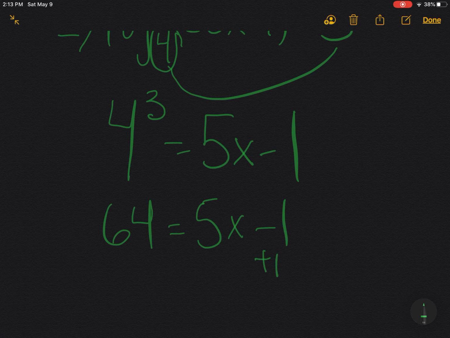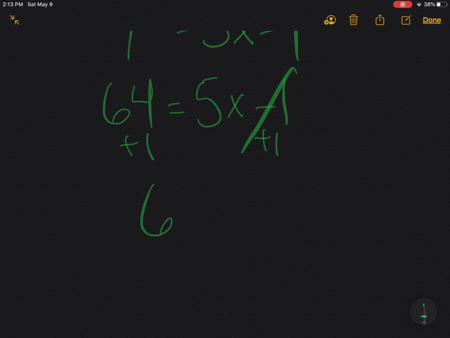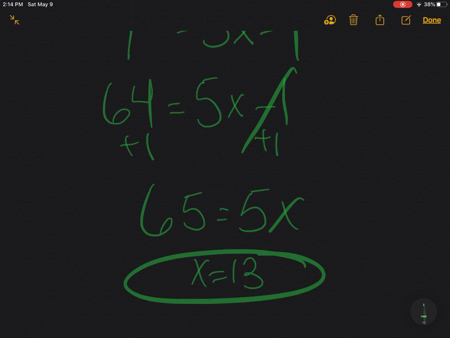So I'm going to add that 1 to both sides. And so 65 equals 5x. And divide both sides by 5. And x equals 13. And again, plug that into the original equation and you will see that it works.